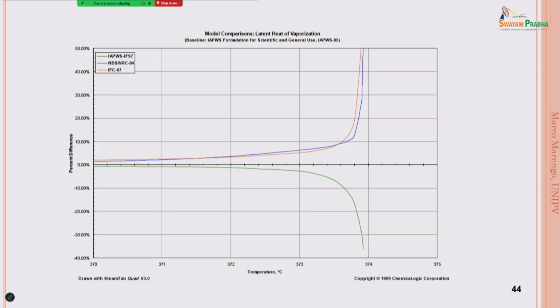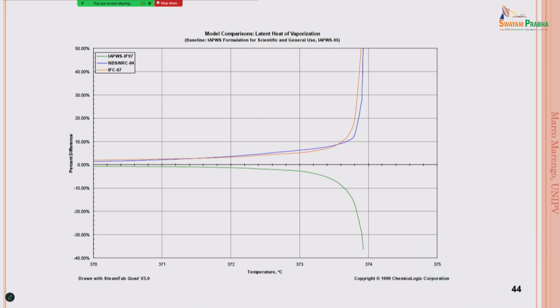However, look at this. These are three models of fluids, for water, close to the critical point. This is, for example, the latent heat of evaporation. The critical point of water is about 373 something degrees centigrade. Well, the deviation here is huge, as you can see.